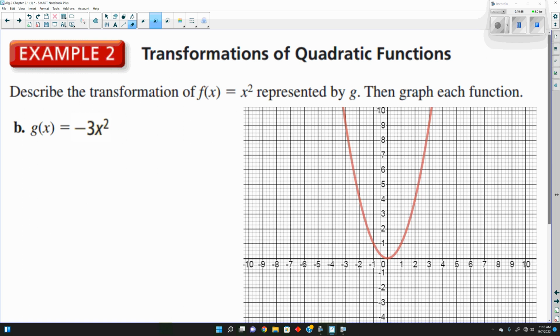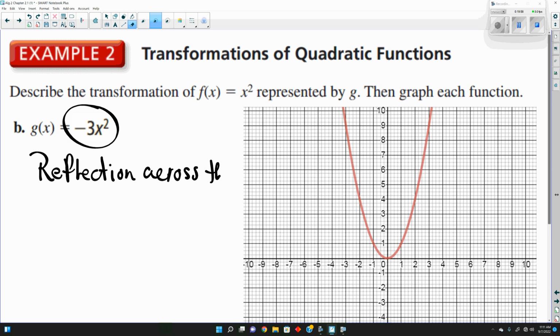And whenever we have a negative attached to the x, outside parentheses, there's going to be a reflection across the x-axis. Questions on how we figured out that it's a reflection across the x-axis?